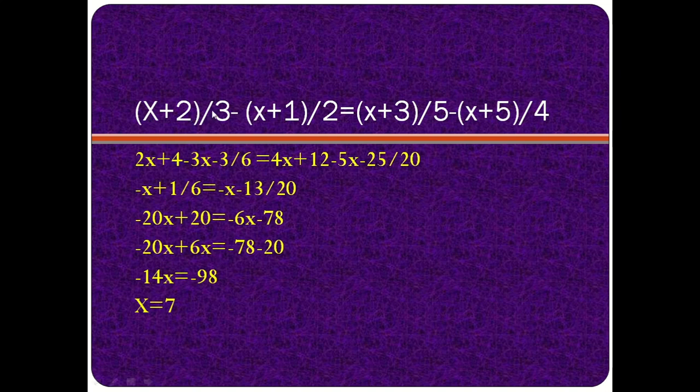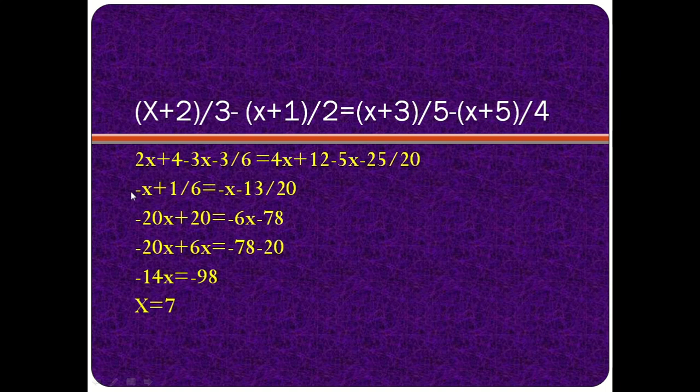So very simple: (x plus 2) by 3 minus (x plus 1) by 2 is equal to (x plus 3) by 5 minus (x plus 5) by 4. First of all, you are taking the LCM, 6 is there. So 2 into (x plus 2), 2x plus 4, minus 3 into (x plus 1), minus 3x minus 3, divided by 6, is equal to 4 into (x plus 3), 4x plus 12, minus 5 into (x plus 5), minus 5x minus 25, divided by 20. 5 into 4, 20. 20 is the LCM.